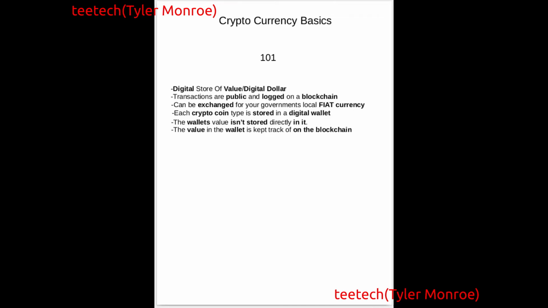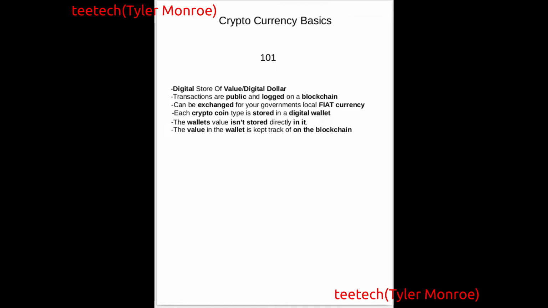The digital wallet, much like a wallet in your pocket, is a digital version of that. It stores your money and keeps track of it. We'll see in a minute how the blockchain ties into how that happens, but it keeps track of the coin you are using. All right.